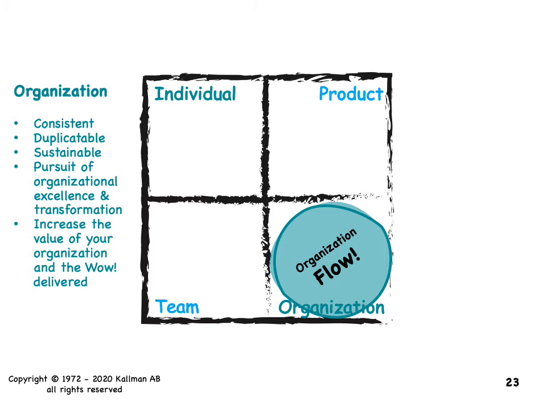Last but not least is organizational flow. Every executive wants to have consistency. They want their successes to be duplicatable and sustainable. It doesn't help if everybody burns themselves out. Every executive wants their organization to pursue excellence. And when they're doing that, that increases the chance for any kind of transformation that you might be going through, whether it's a waterfall to agile transformation or digitalization, which is the buzzword right now, or if you're looking at, hey, how do we do DevOps or whatever.